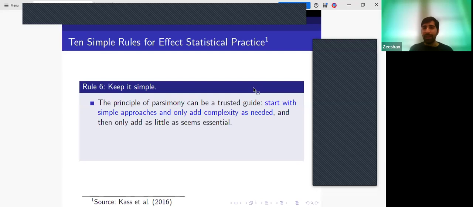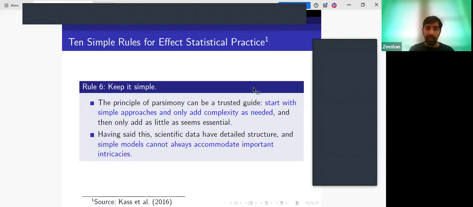So you should always keep in your mind that if you are going to conduct a specific analysis and that analysis is giving the answer to your question and that analysis is really simple, it doesn't mean that it is not a good analysis. So you should keep these things in your mind.